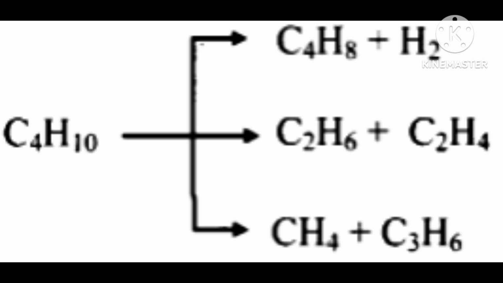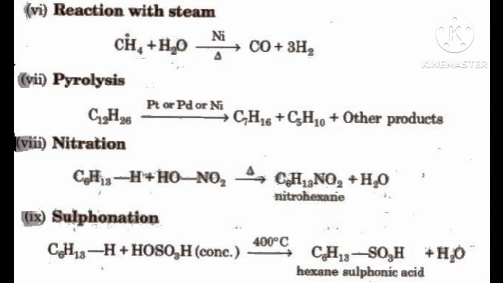Then the spatial arrangements of hydrogen atoms attached to one carbon atom with respect to hydrogen atoms attached to the other carbon atom are called conformational isomers. Isomer you know. Conformational, because it is moving.